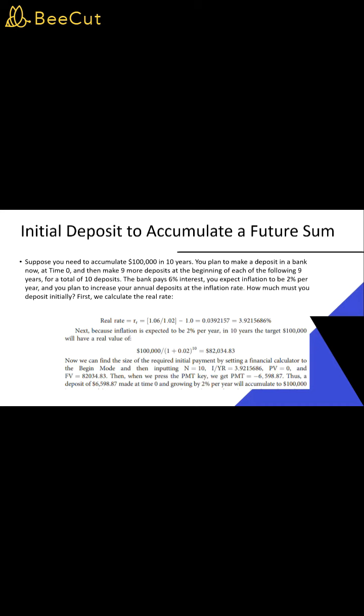And if we input this into the formula in Excel, then we would get negative 6,598.87, which effectively means that 6,598.87 has to be invested every year for the next 10 years. And that way you would eventually end up earning 82,034.83, which is the same as 100,000 if you take into account a 2% inflation rate per year.